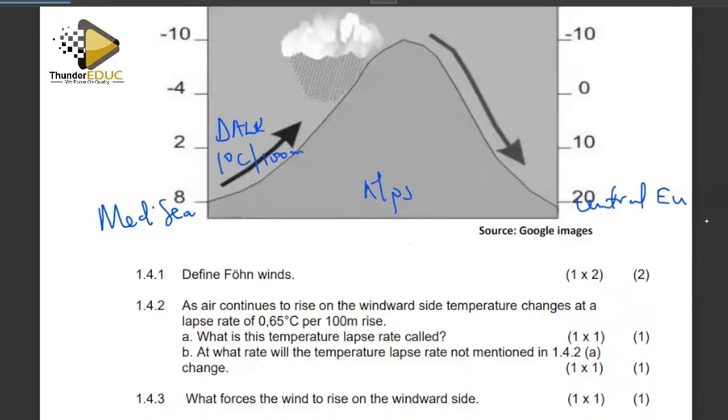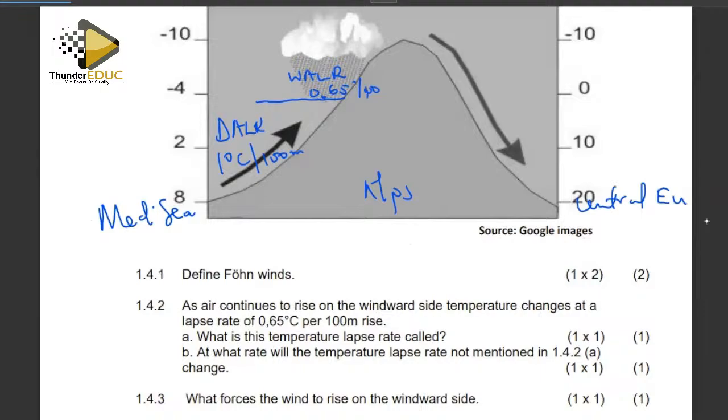Then as it reaches the condensation level, the rate changes. It now cools at a wet adiabatic lapse rate. And the rate now will change to around 0.65 degrees Celsius per 100 meters.